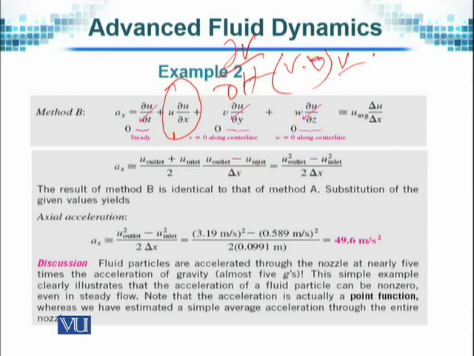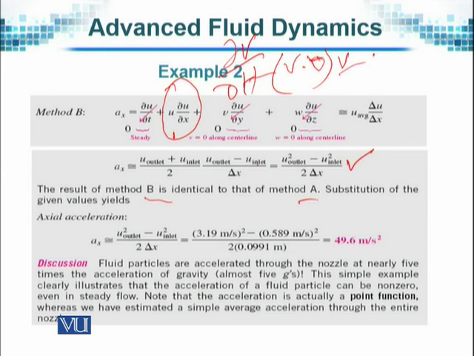When we multiply the two, we get the same result. You will recall this is the same equation that we computed earlier. So whether we do it by differential method or by algebraic method, the results are identical, and methods A and B turned out to be the same.